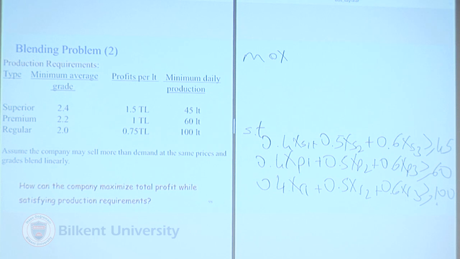Now, can you tell me the objective function then? What am I going to multiply 1.5 with?